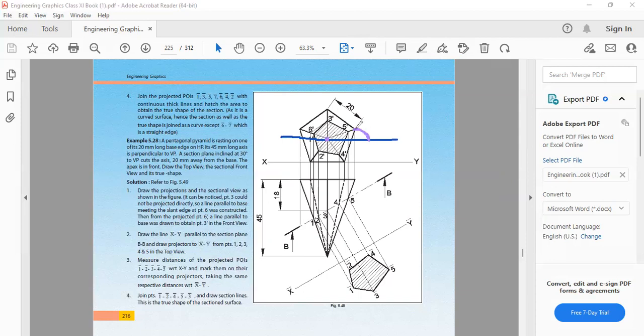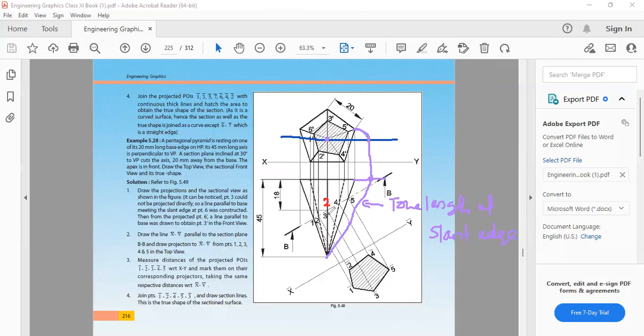Then project that point to the baseline, and join this point with the apex. So this is my true length of slant edge.